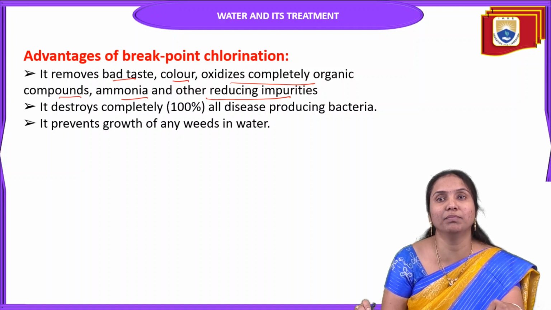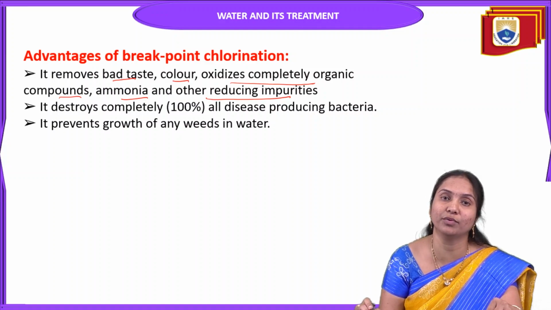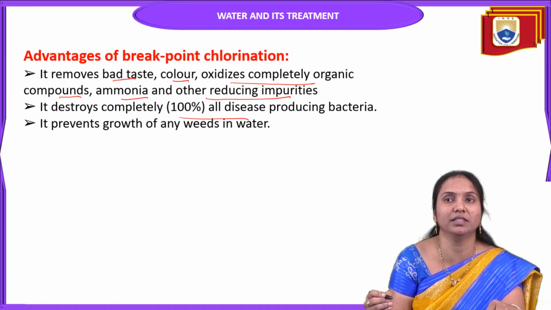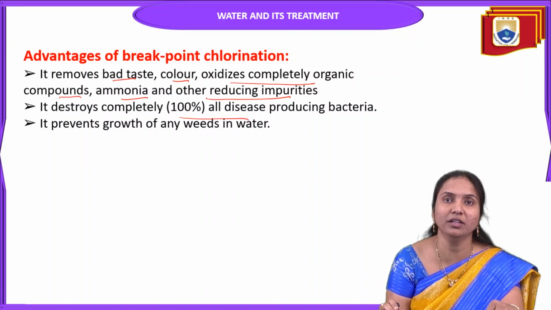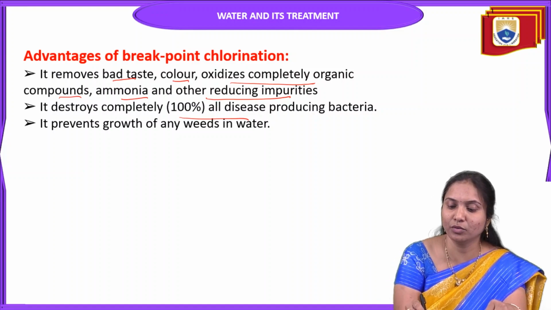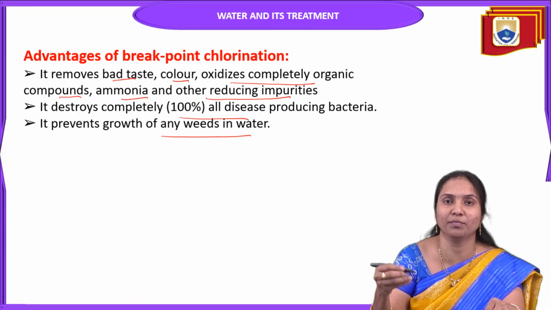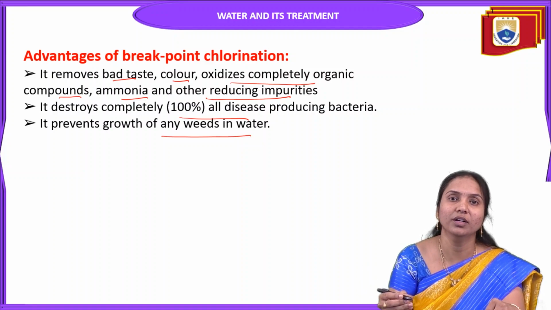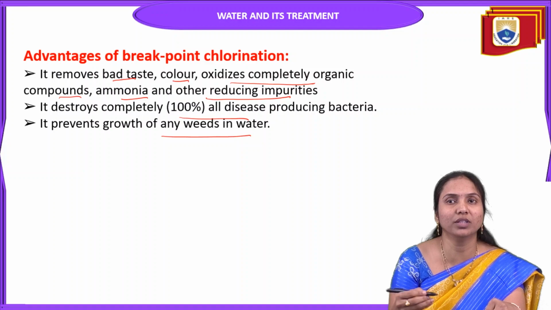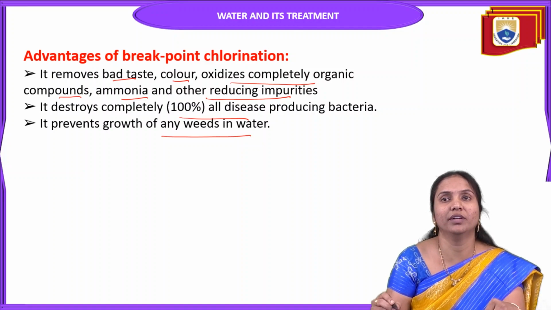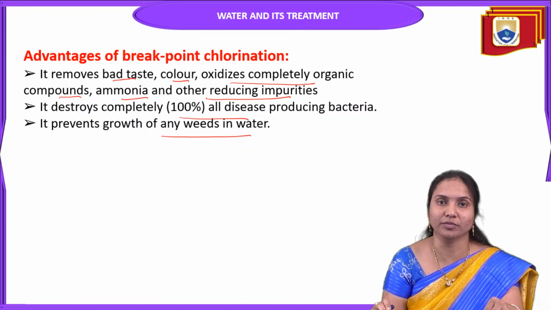It destroys completely, 100%, all disease-producing bacteria present in water, and it prevents growth of any weeds in water. Weeds are the small plants present in water. So these are the advantages of breakpoint chlorination.